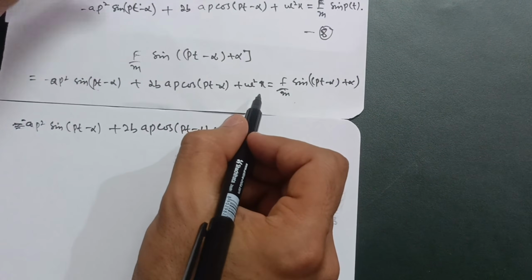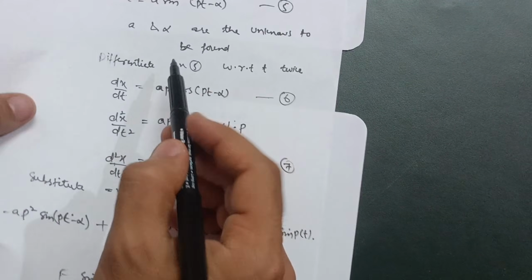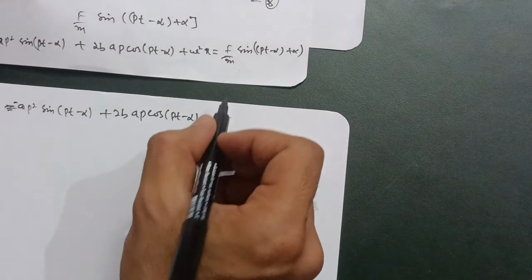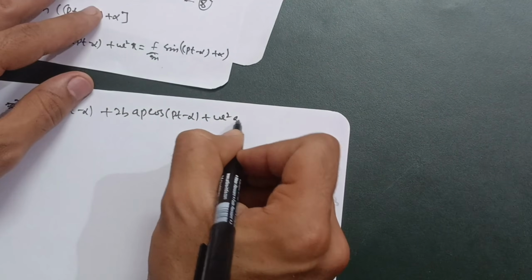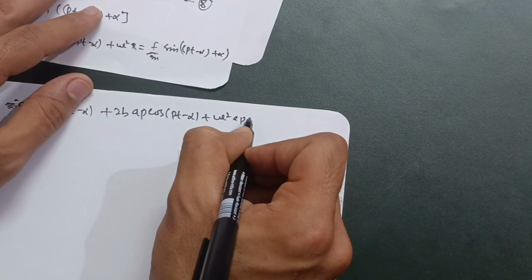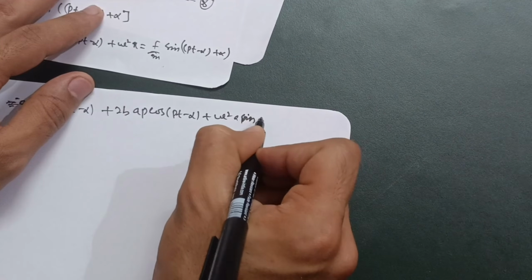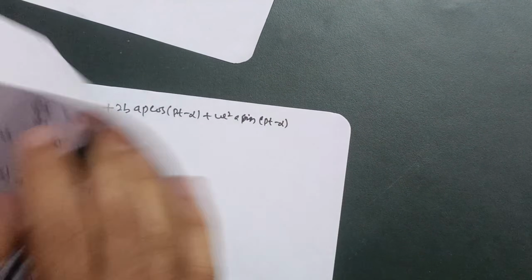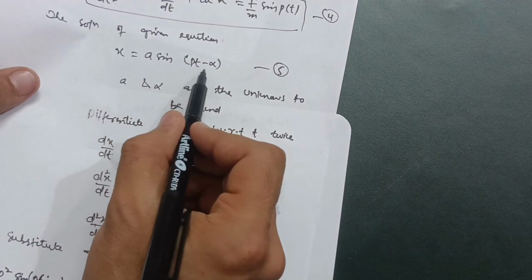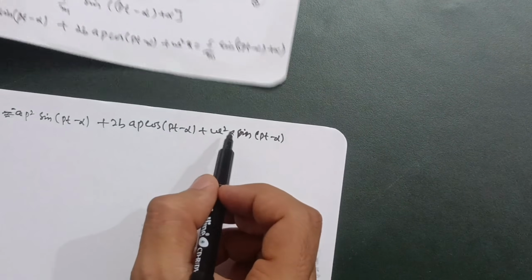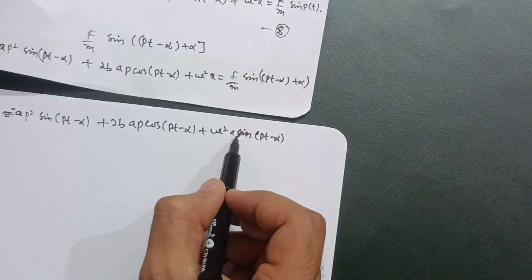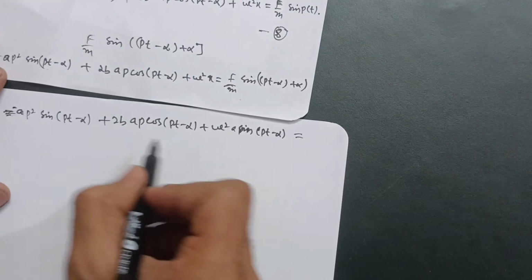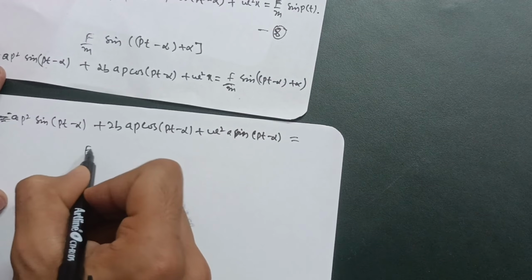Instead of x, you already know in this equation x is equal to a sine of (pt minus alpha). So x value is a sine of (pt minus alpha); I am writing that here instead of x. The rest of the things will remain the same, so this will be equal to f by m.